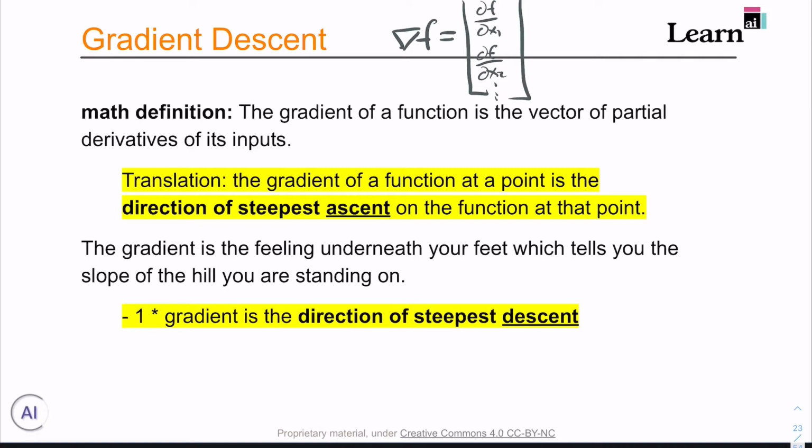So what does that mean? You already know one gradient pretty intuitively, I'm guessing. Say we have a parabola here, and we want to find what the gradient is at that point. The direction of the gradient is the direction of steepest ascent.